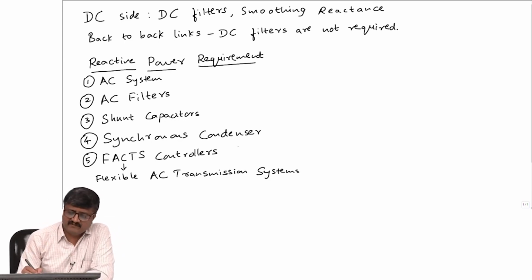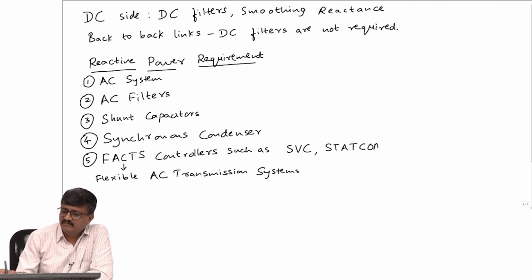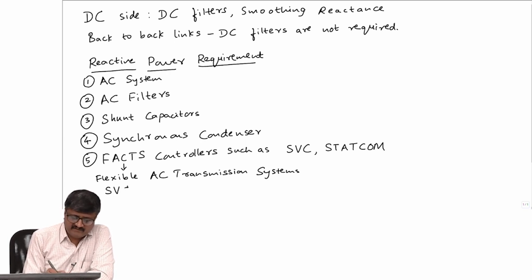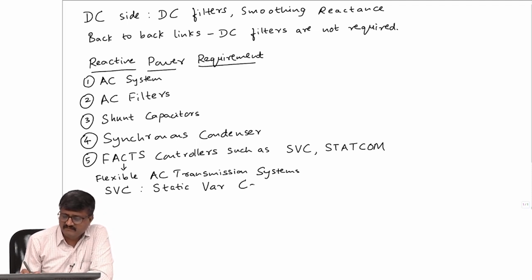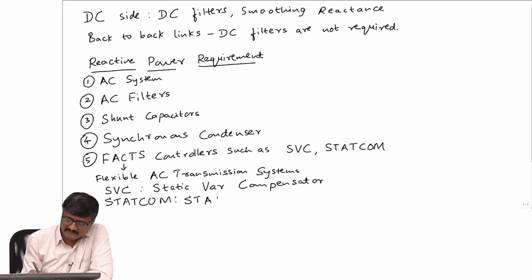So, there are some FACTS controllers such as SVC, STATCOM. SVC is an abbreviation. SVC stands for static var compensator. STATCOM is also an abbreviation. STATCOM stands for static synchronous compensator.